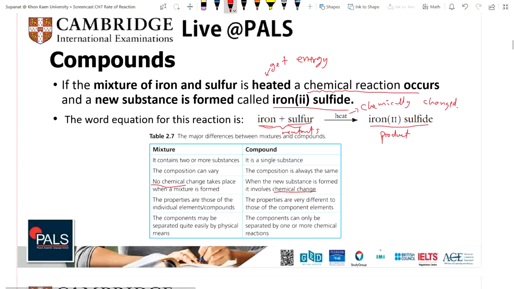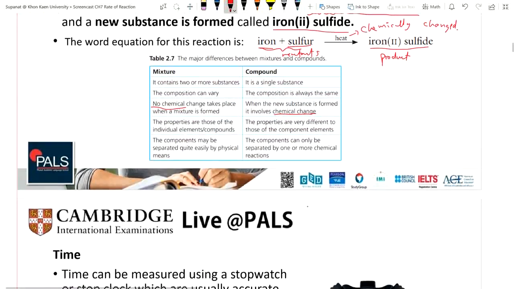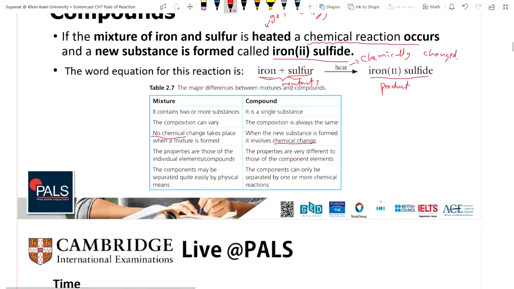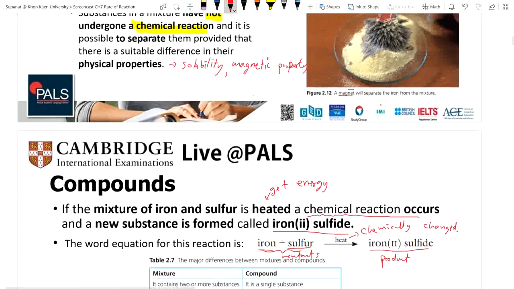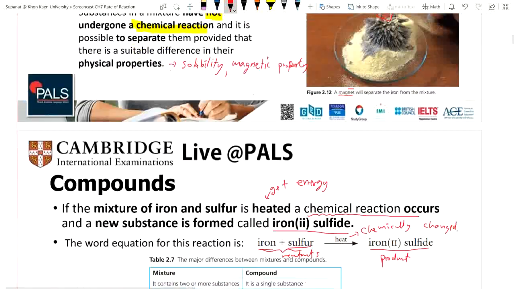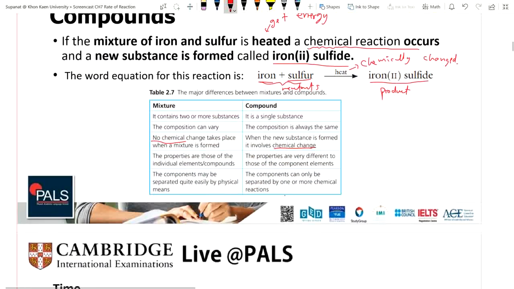So that means we need chemical reactions to separate the compound. This is the difference between the mixture and the compound. The table here summarizes the major differences between the mixture and the compound.